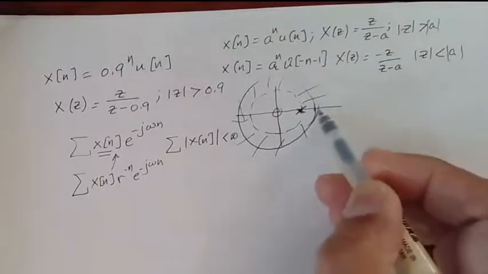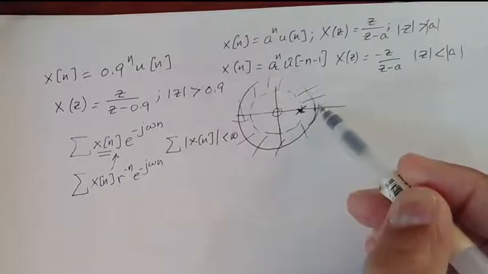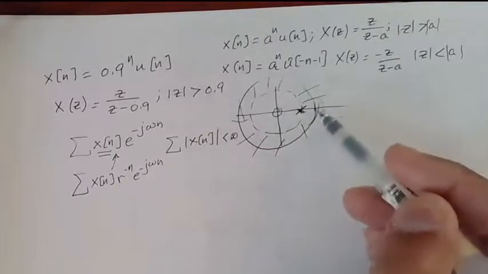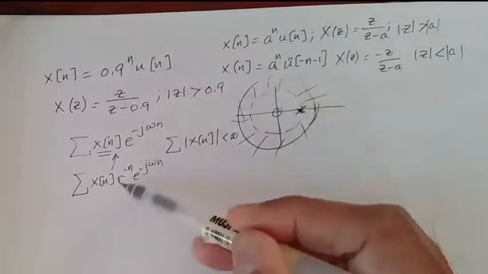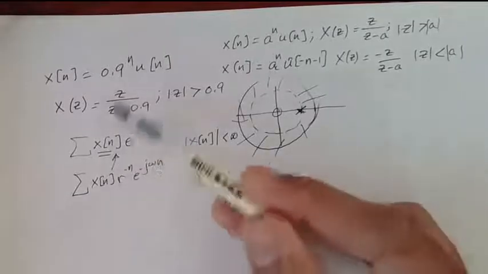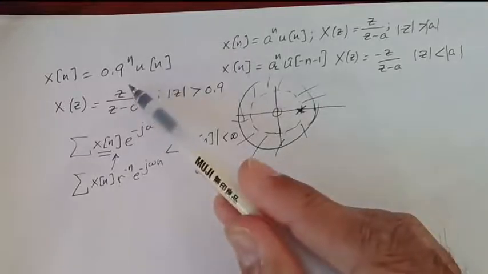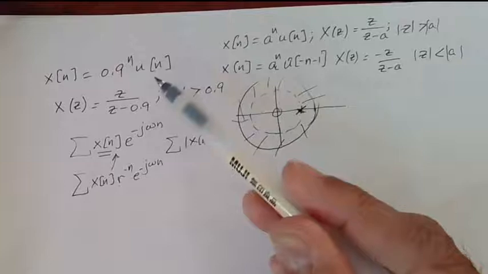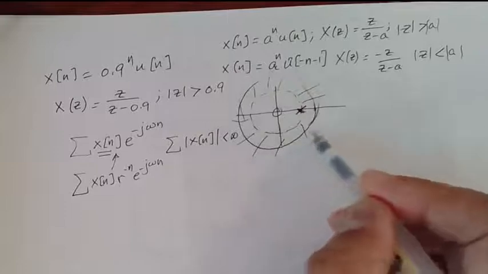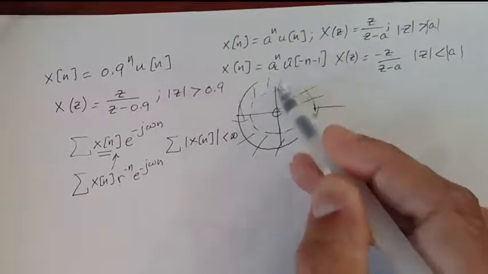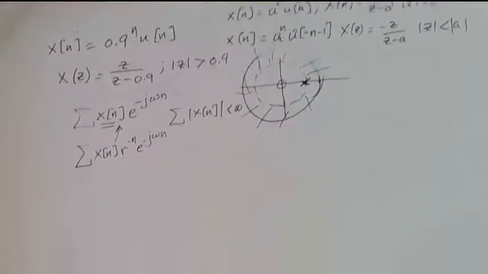You'll notice that in this particular case, the circle of radius 1 is in the region of convergence. So as long as this is in the region of convergence, I can set r equal to 1 and get the discrete time Fourier transform from it. And remember, if I could get the discrete time Fourier transform, the system was stable. So if the unit circle is in the region of convergence, my system will be stable. We'll hammer on this a bit later on.